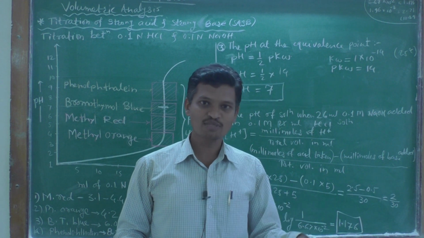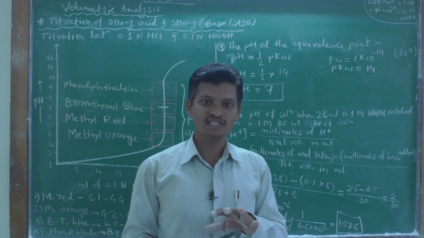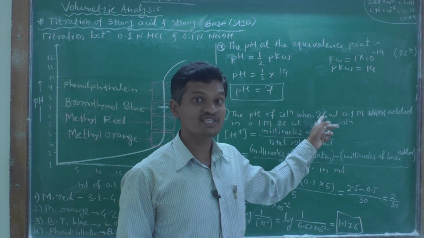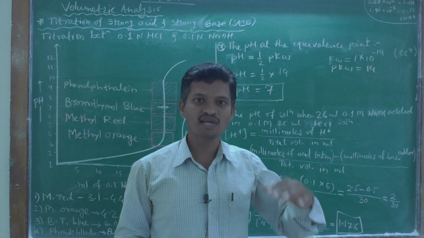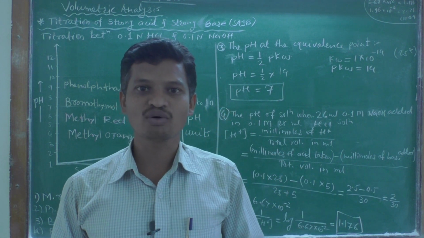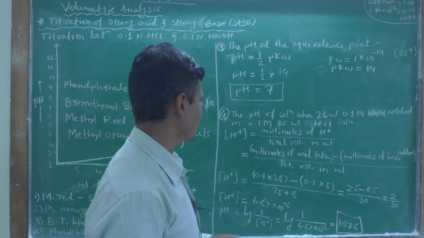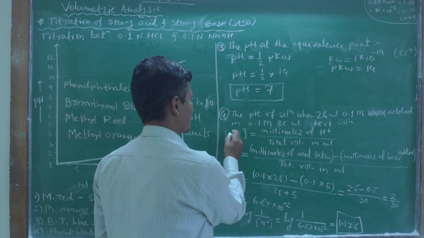It gets neutralized by the 25 ml of 0.1 molar NaOH, and after equivalence point when we are adding 26 ml, 1 more ml after equivalence point, there will be OH minus ion concentration in the solution in more excess. Okay, so that's why we will calculate the concentration of OH minus ions first.